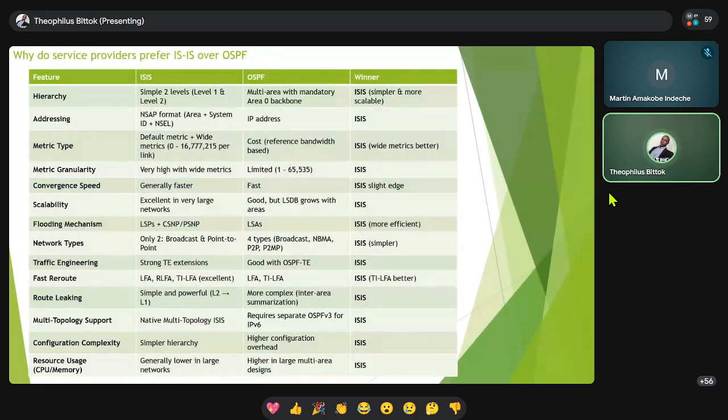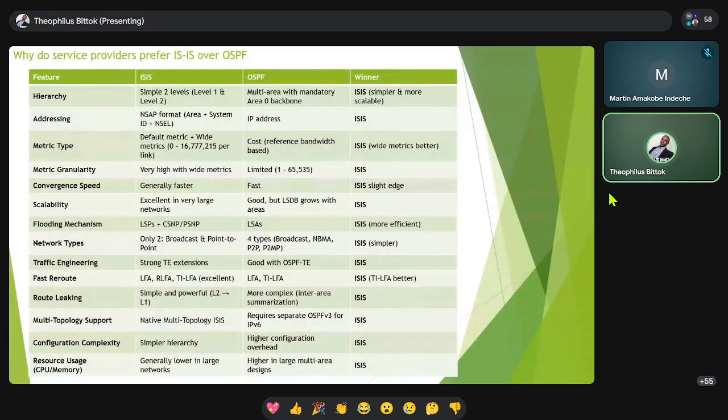Those TLVs you can implement in ISIS, but for OSPF to add new features, for example for SRv6, where you would like to advertise your prefix SIDs and adjacency link SIDs, it might be a bit difficult to implement the same in OSPF compared to ISIS. Also, route leaking is a bit simpler in ISIS compared to OSPF.